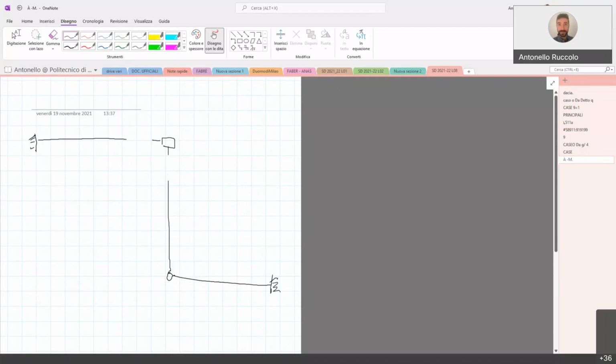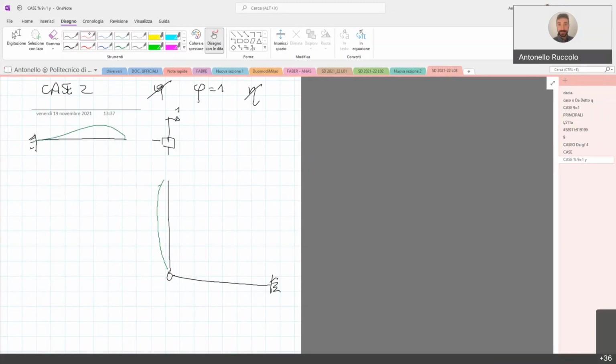Now, let's see the last case. This is the case 2, where we have no load applied, unitary rotation, and no displacement. So this node is just rotating. We have just seen it. The deformed shape will be something like that. We have M2 belonging to BA.